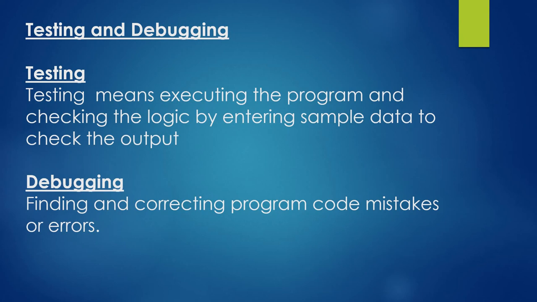Then what is debugging? Debugging is done before testing. Debugging means finding and correcting the program code mistakes or errors. What is a bug? It is an insect. Debug means remove the bug from your program.